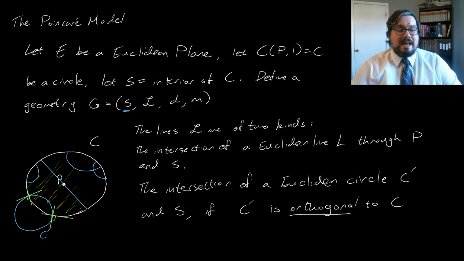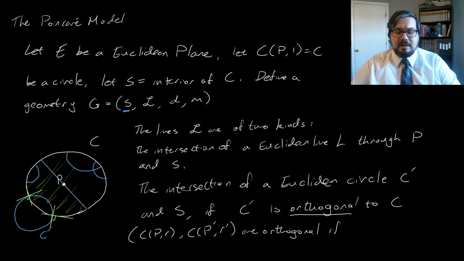Now, one thing that I will point out, which you can see in some of the details of this construction, which I'm going to leave for the notes, is that one can show that the circles C(P,r) and C(P',r') are orthogonal if and only if the distance PP' squared is equal to r squared plus r prime squared.